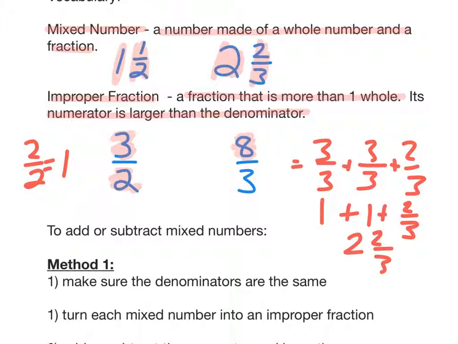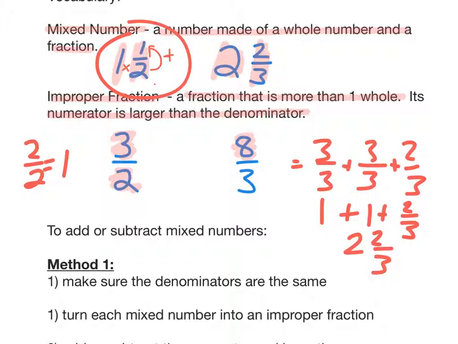So I'm going to take 1 1/2 and show you how to turn it into an improper fraction. You multiply the whole number, the 1, times the denominator, and then you add the numerator and you keep the same denominator. So let's take a look at it.